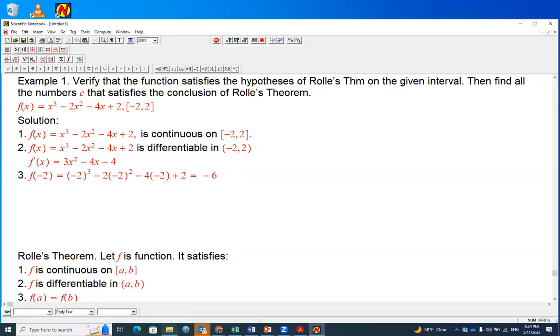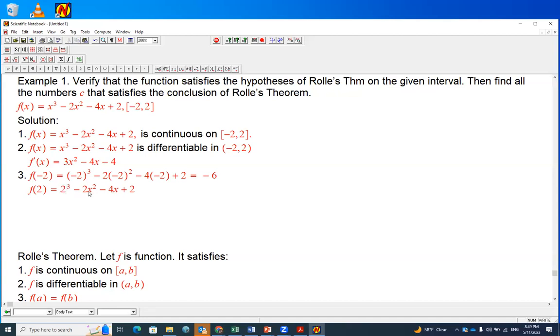I'm just using the software, and in these calculations you don't have to show the greatest details. Then f of 2, where x is replaced by 2.